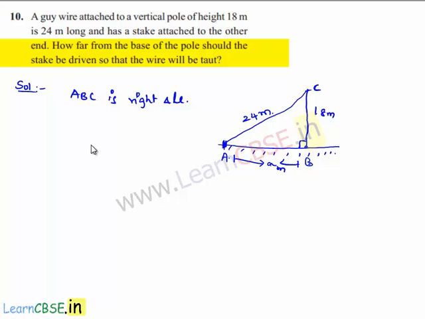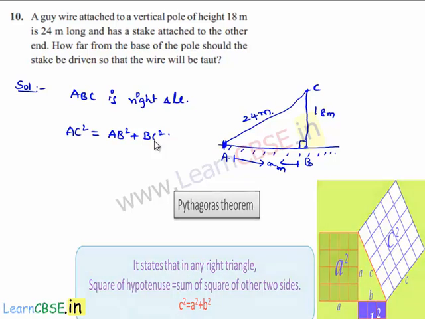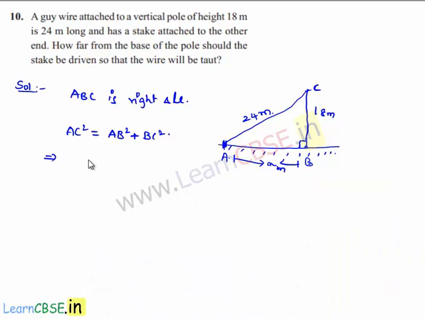Then from the Pythagoras theorem we can say that in a right angle triangle, hypotenuse square, which is nothing but AC square, is equal to the sum of squares of the other two sides, that is AB square plus BC square, which implies AC square, 24 square, is equal to AB square, which is nothing but a square, plus BC square, 18 square.